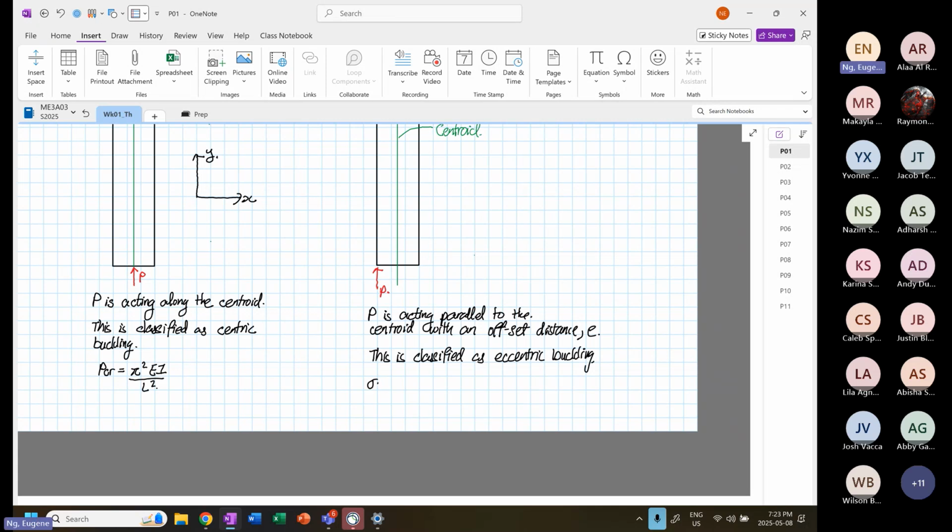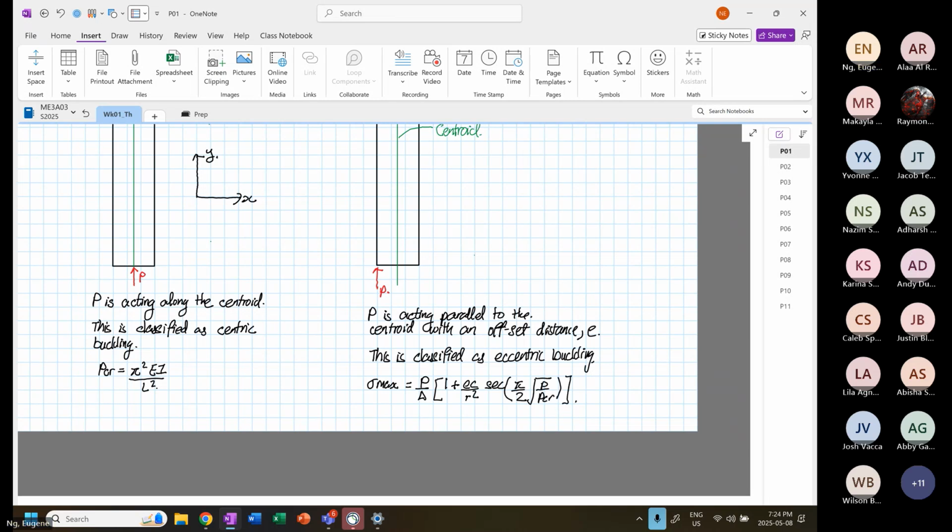The maximum stress is equal to P over A, bracket 1 plus E C over r squared, secant of pi over 2 square root of P over PCR, bracket.